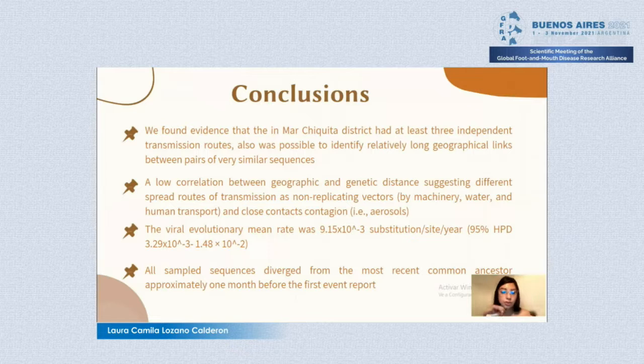The viral evolution rate was 9.5 times 10 to the negative 3, and all the sample sequences diverge from the most recent common ancestor 1 month before the first event reported.